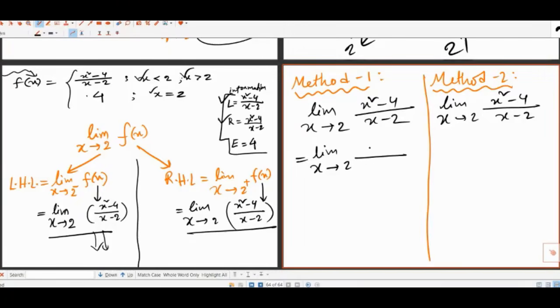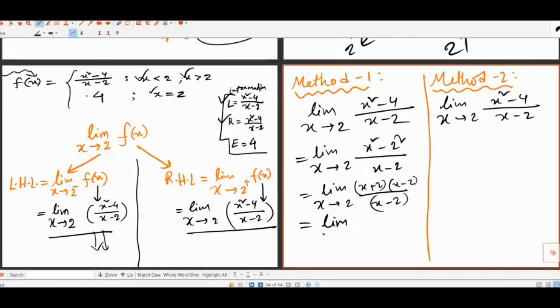We know that a squared minus b squared is (a plus b)(a minus b). Now we can reduce the term x minus 2 in the numerator and denominator, and the simplified form is x plus 2.